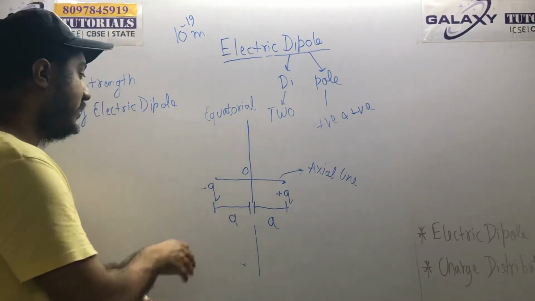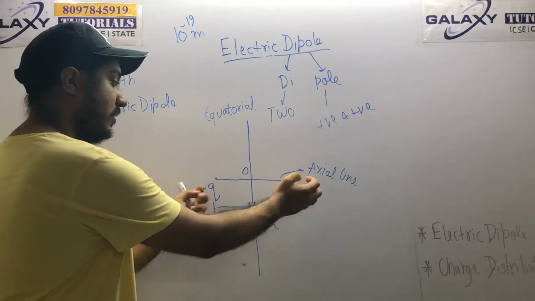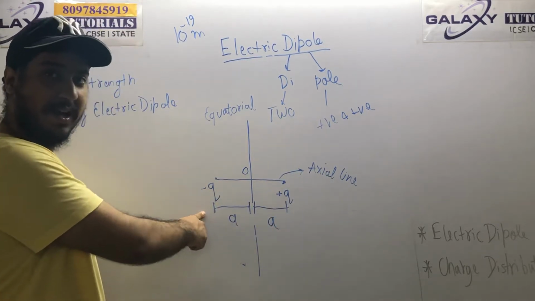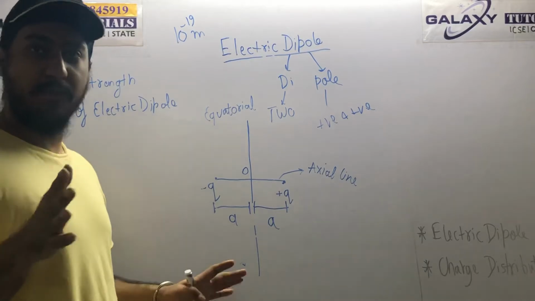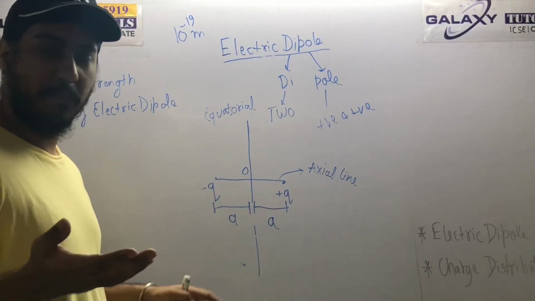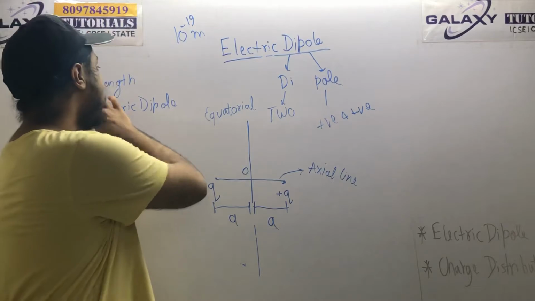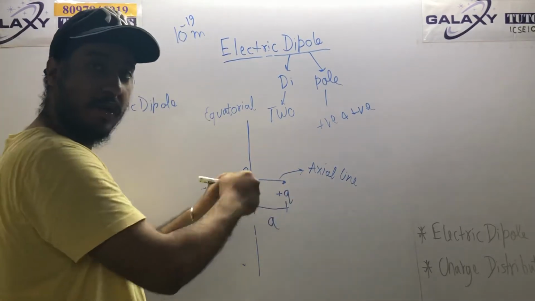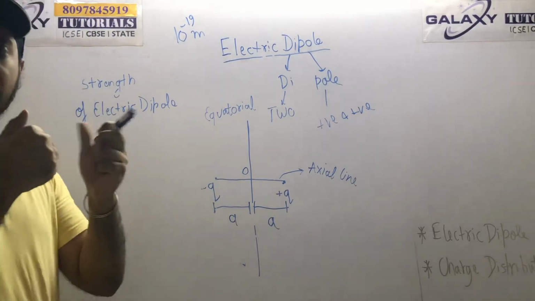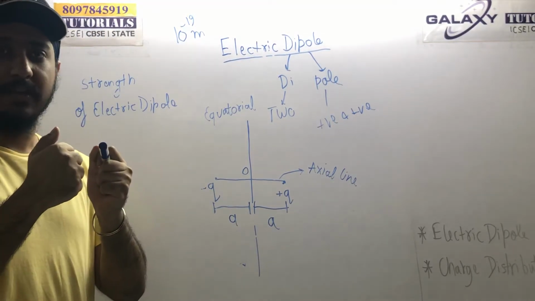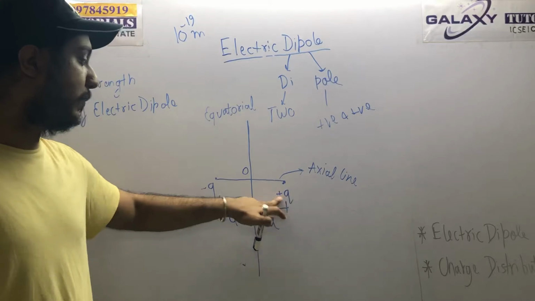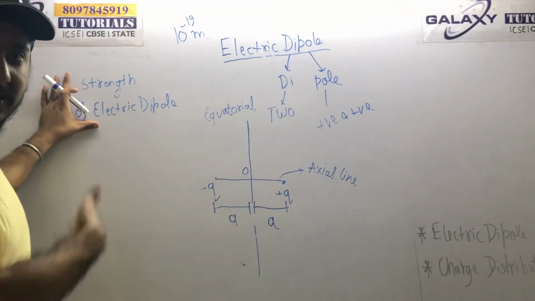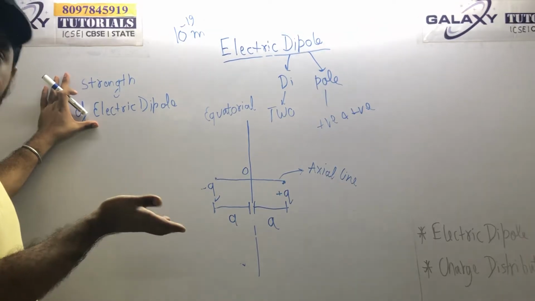Strength basically means the force of attraction that is holding these two charges together. You can see this is positive, this is negative, so obviously there will be an attractive force. You all know that by now. Both are unlike charges. So strength tells us the value of the force, how strongly plus q and minus q are holding each other. This is the significance of the strength of the dipole.